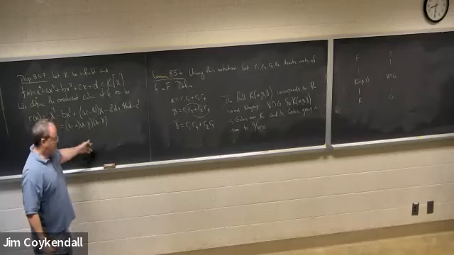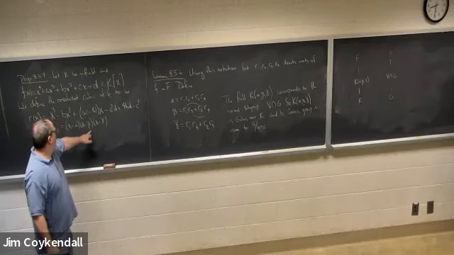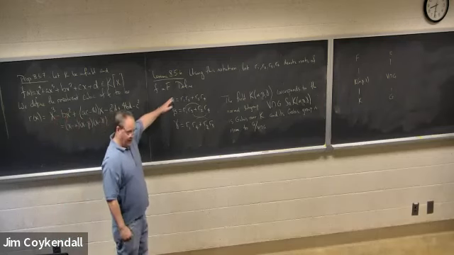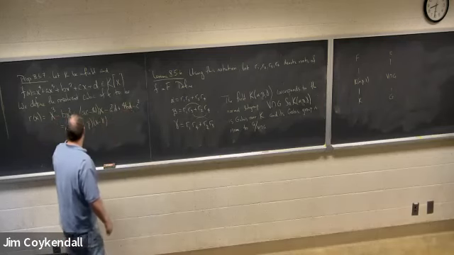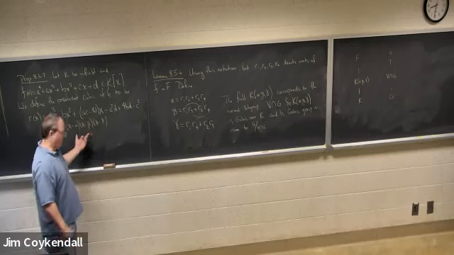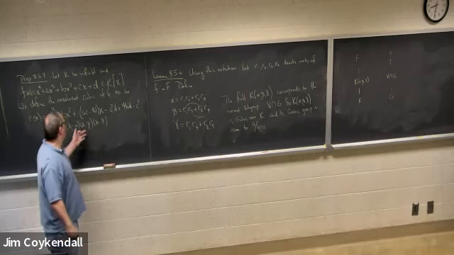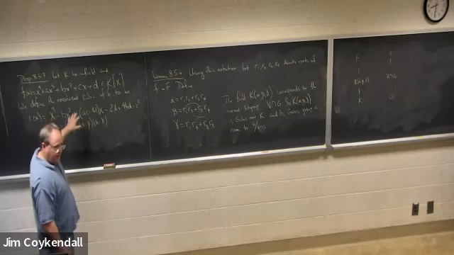I'll save you the misery of looking through it. If alpha, beta, and gamma are these three things that are defined here, then if you multiply that mess out, and bless your heart if you do, you will get this resulting cubic.